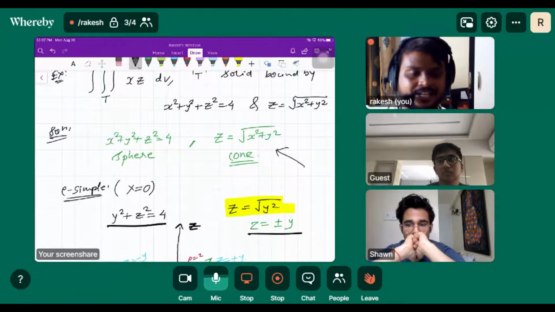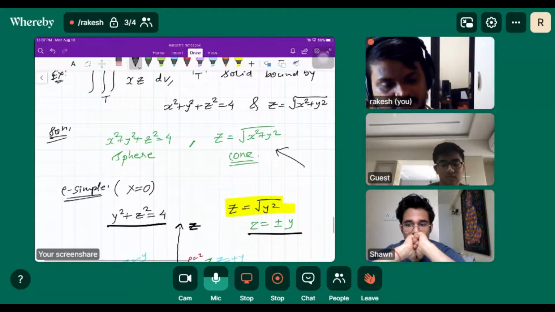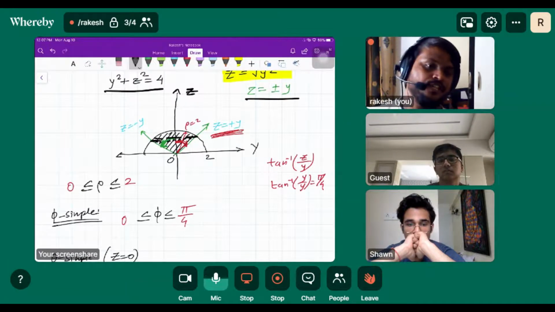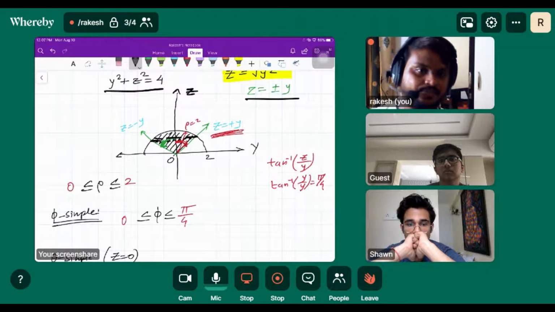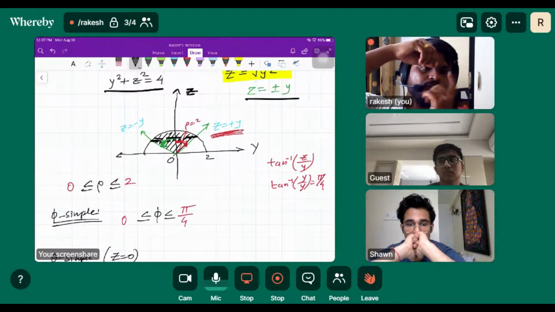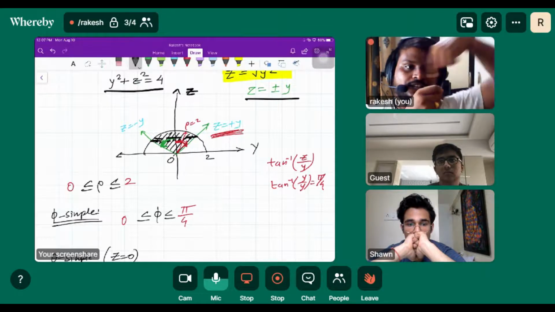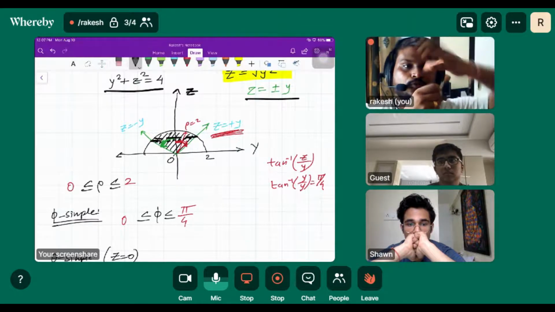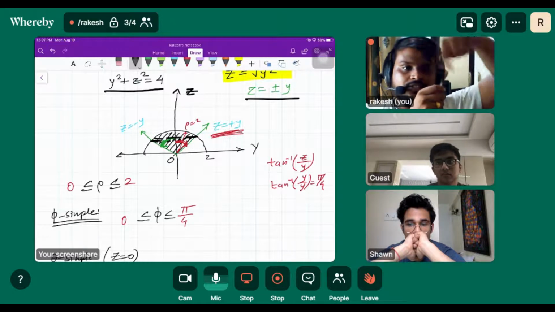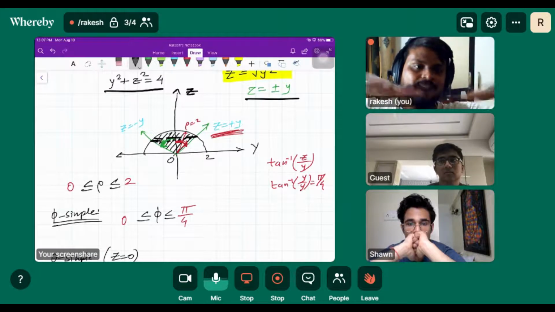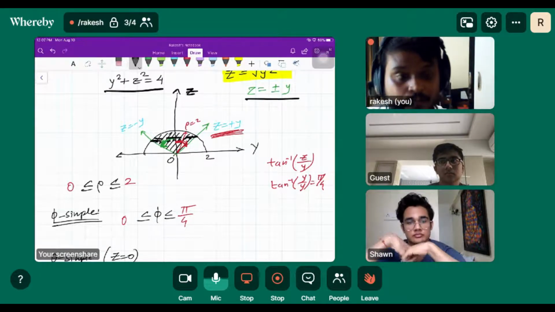So when they intersect, you can definitely imagine the level curve is going to be a circle, which can be projected on the xy plane. Are you getting that? We know that a lot of times we ate ice cream, so we know that the intersection of the cone and the sphere is just a circle, and that would be projected on the xy plane, and that would give you the level curve on the xy plane.